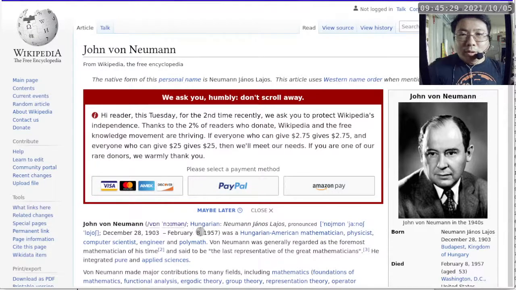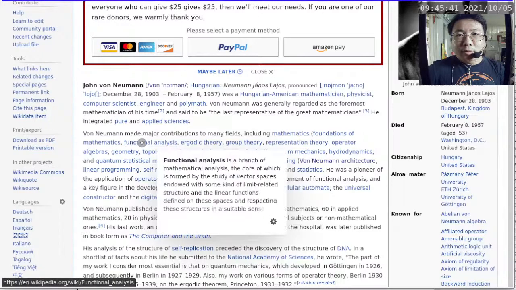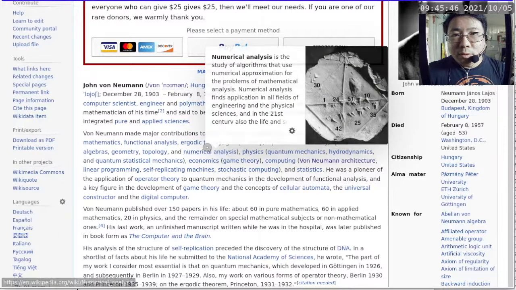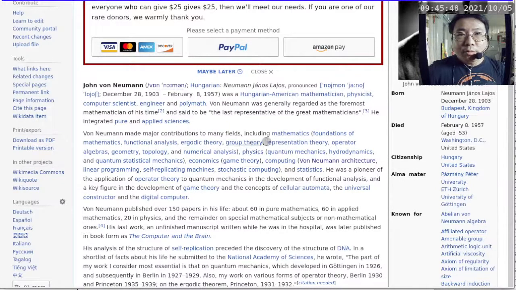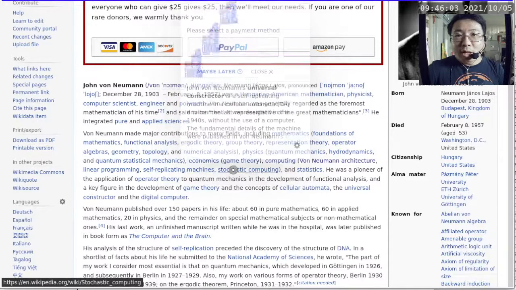He is an interesting person, because if you look up his expertise, it includes mathematics, functional analysis, which I don't even know what this word means, ergodic theory, group theory, representation theory, operator algebras, geometry, topology, and so on, and also physics, economics, computing, self-replicating machines. He's way ahead of his time.